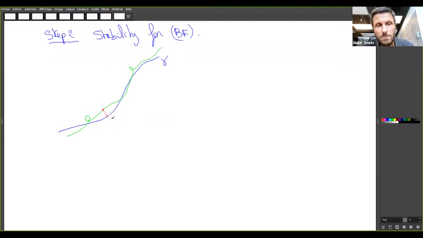So if I'm at a distance less than the inverse of the max of the curvature, I have a unique point projection. So I can consider this point. I take the tangent vector to the blue curve, and I'm going to reproduce it here, but with a fade out which depends on the distance. Okay, so I explained it with the drawing.